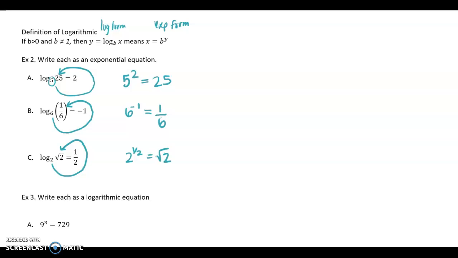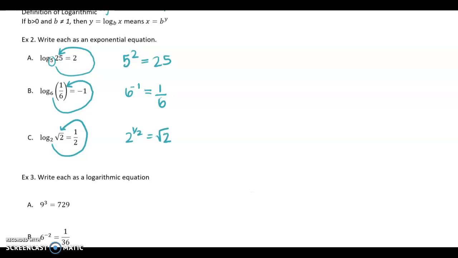Alright, so these would be exponential form. Next we have logarithmic form. So this one we can't undo the snail or anything like that. What we're going to do is start off with our log, and your base is always going to be your subscript. So that goes there, which is 9.